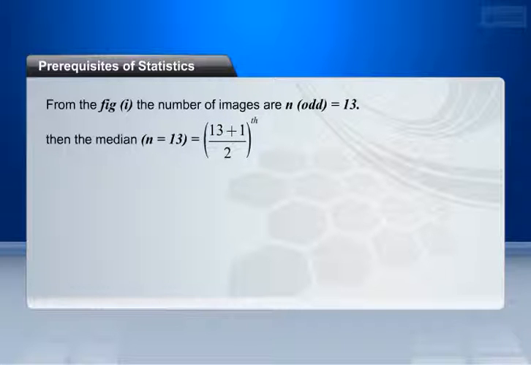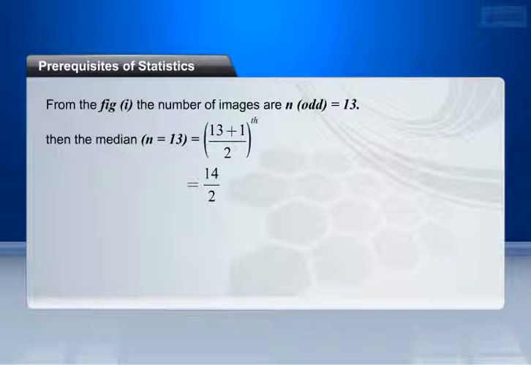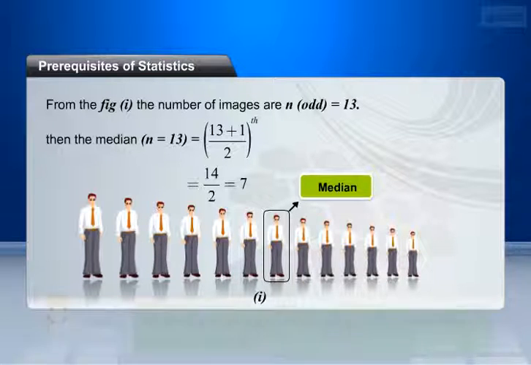That is, median equals 13 plus 1 by 2. As the total number of observations n is odd, we know that n plus 1 by 2 term is the median. This is equal to 14 by 2. This is equal to 7. Therefore, the seventh image will be the median.